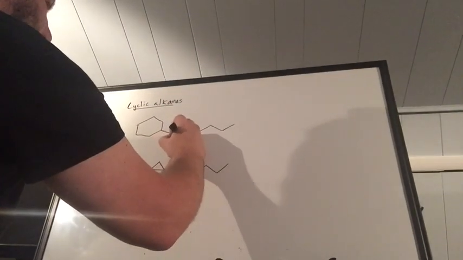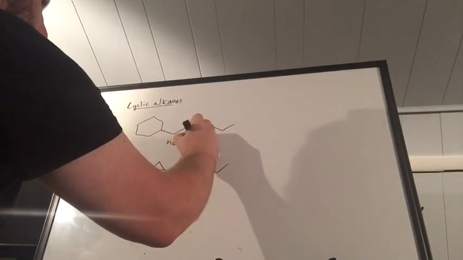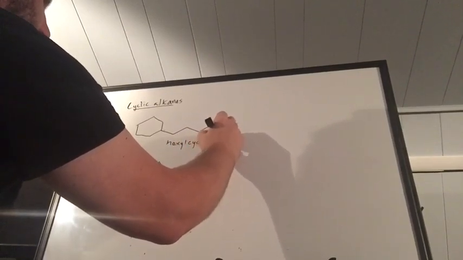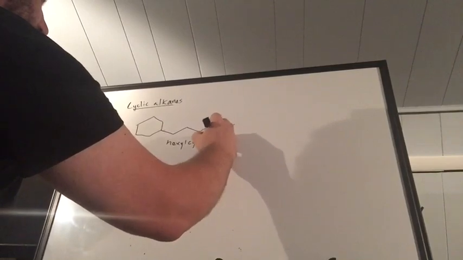So 1, 2, 3, 4, 5, 6. And then you're going to have a hexyl group branching off of there, so it would be hexylcyclohexane. With that nomenclature, there's no other substituents hanging off anywhere, so it's going to lead to no confusion.